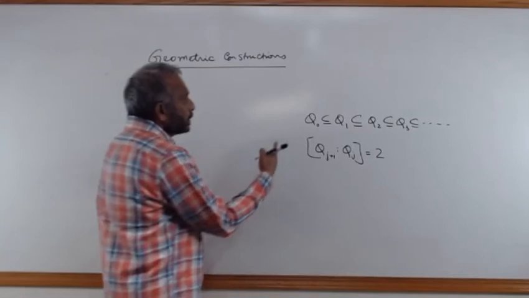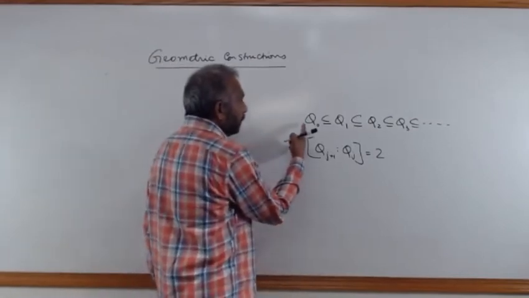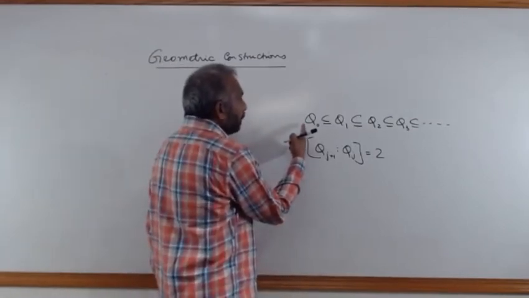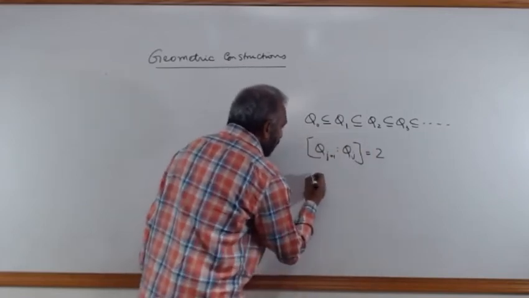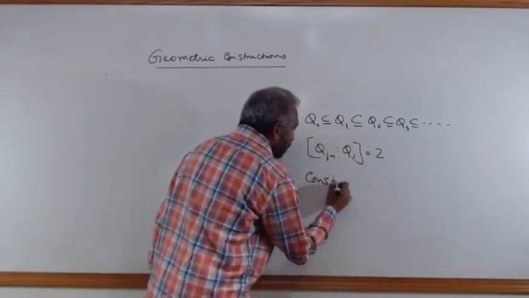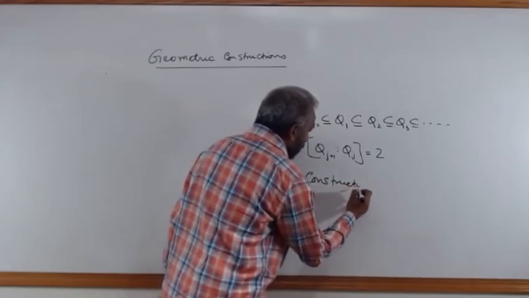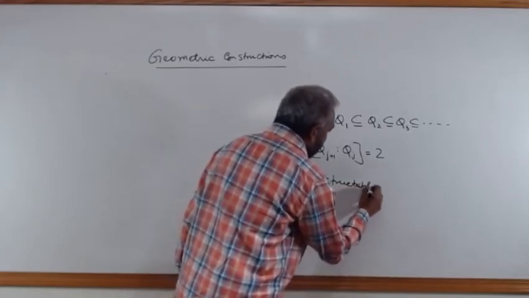The elements of these extensions are called constructible numbers.